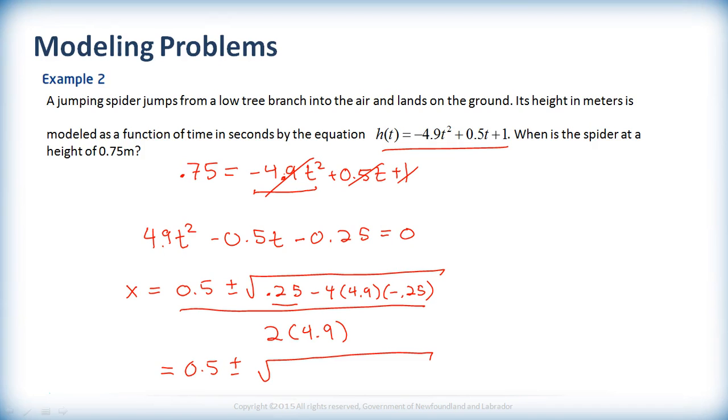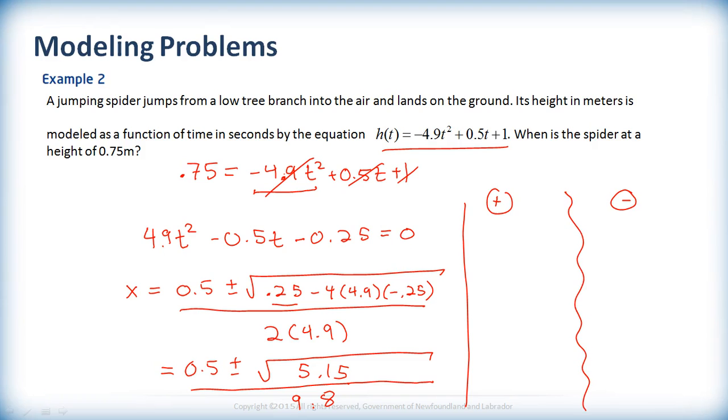So all we're going to get is 5.15. We put all that together. It's not so bad. All divided by 2 times 4.9, which should be 9.8. Okay, so then we have to evaluate both the positive possibility and the negative possibility. That doesn't mean positive and negative answers, as we know. It means what happens when we add them and what happens when we subtract them. So let's take a look at that and see what we come up with.